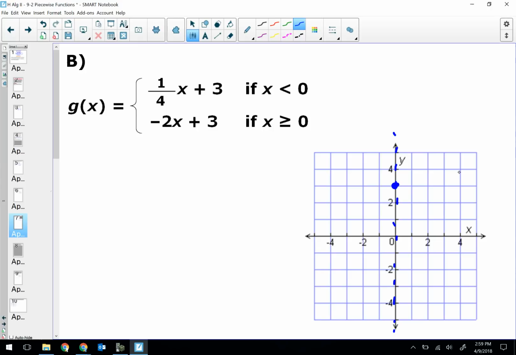So rise 1, run 4. Don't put it over there. Remember, I want less than 0. Down 1, left 4. Okay, that's my line. It would continue over there, but it doesn't continue because it's only to the left. That should be an open circle too.